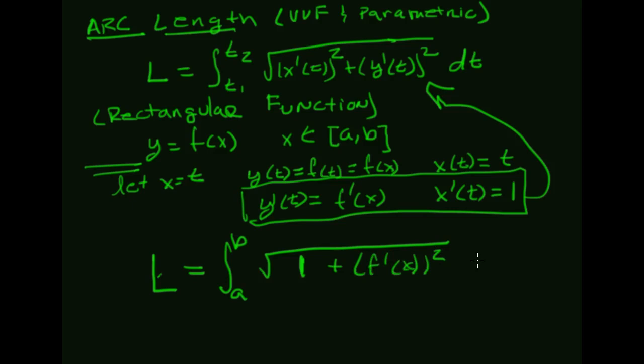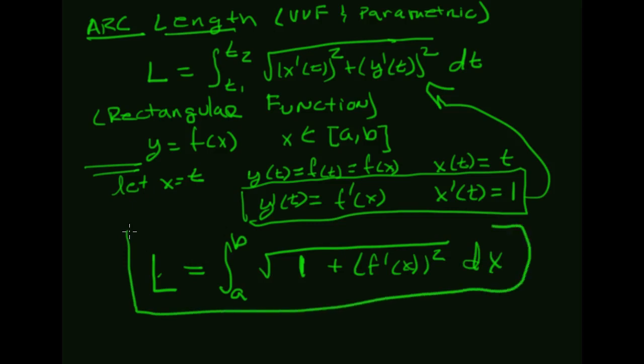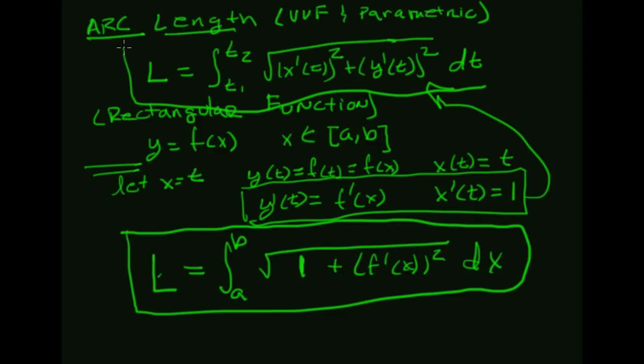The change with respect to t is the same as the change with respect to x. So if I have a rectangular function, this will give me the arc length over that interval. So this is the one that I use for vector valued and parametrics, and this is the one that I use for rectangulars.